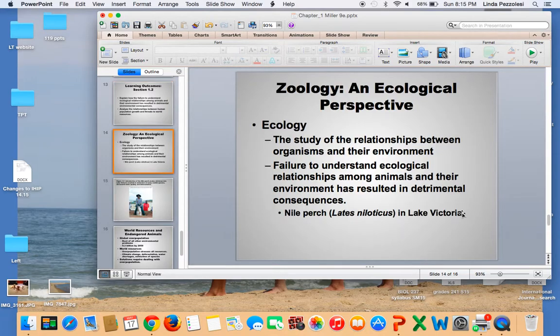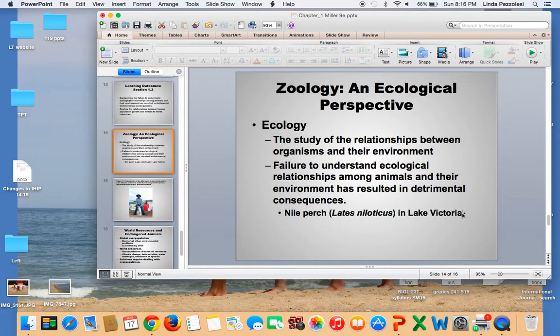Ecology. We're going to talk a lot more specifically about ecology, but in general, it's the study of relationships between organisms and their environment. And without understanding that, we end up with very significant and detrimental consequences.